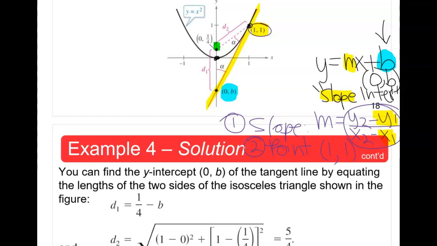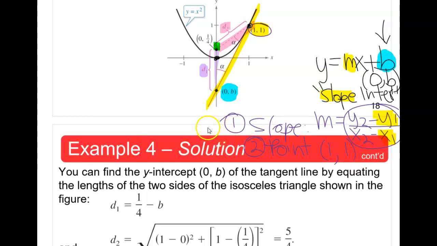So to find b, we're going to try to find the distance that I'm about to highlight. So one of those will be D2, the distance from the focus to 1, 1. And the other one will be D1, the distance from the focus to the point in question, the one that we're trying to find.